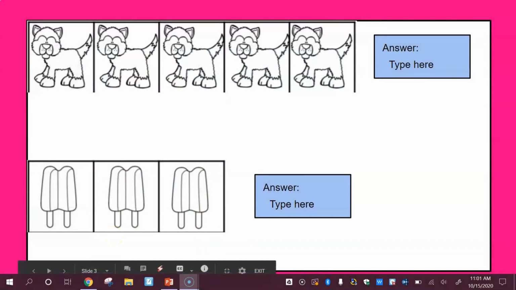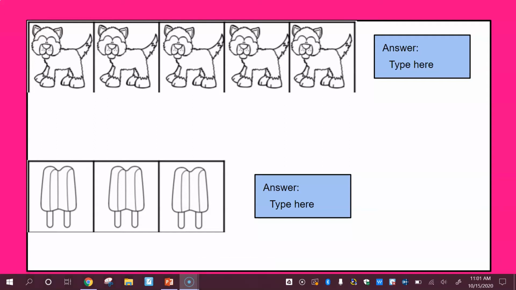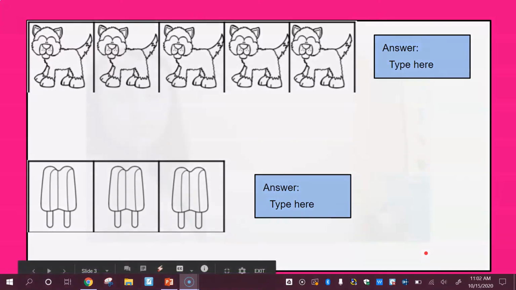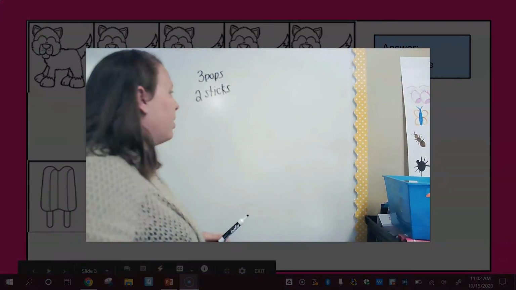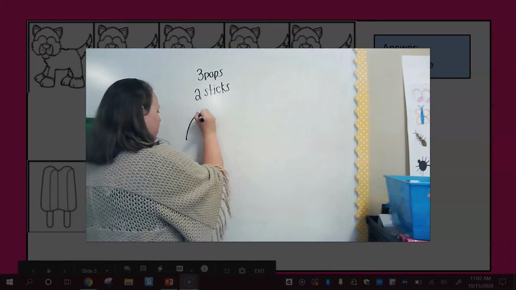You have 3 popsicles. And if you split them together, each one has two parts, or two sticks. Let's find the sticks. So 3 popsicles, and each one has 2 sticks.